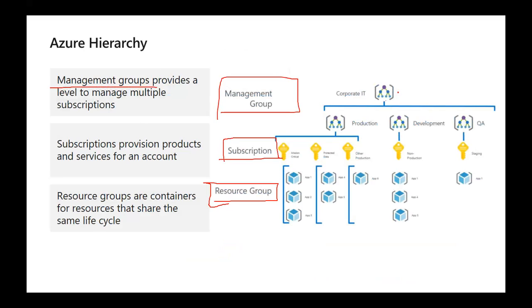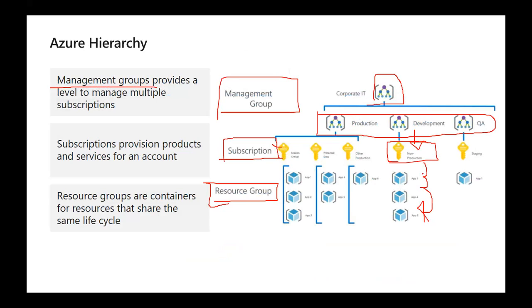You can see that we have one management group and other different ones. For each management group, we can assign one subscription or more than one. For example, the development one has just one subscription. This is going to be related to non-production, and we can start creating resources for, for example, the development process.